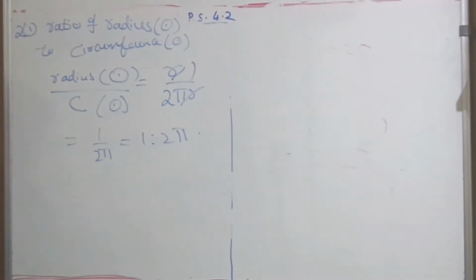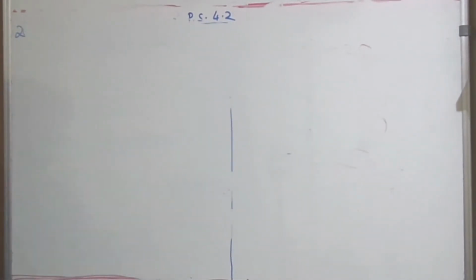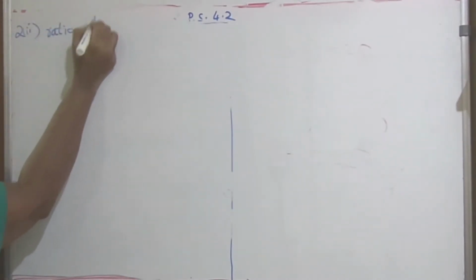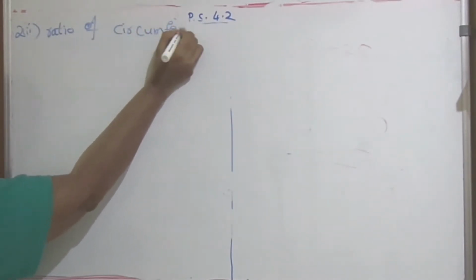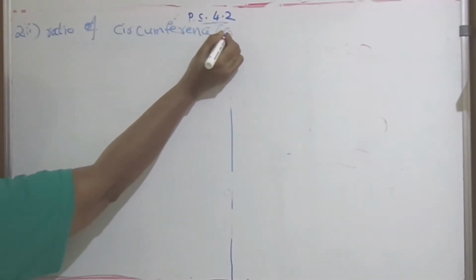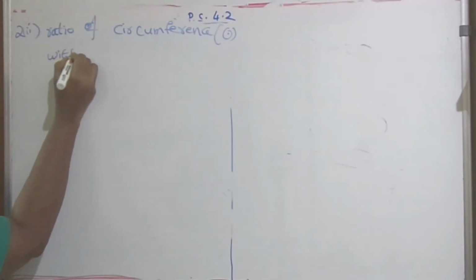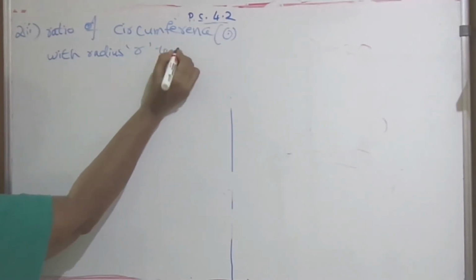Now we go to the next. Second one. Ratio of circumference of the circle with radius r, they have given the radius as r, to its area.